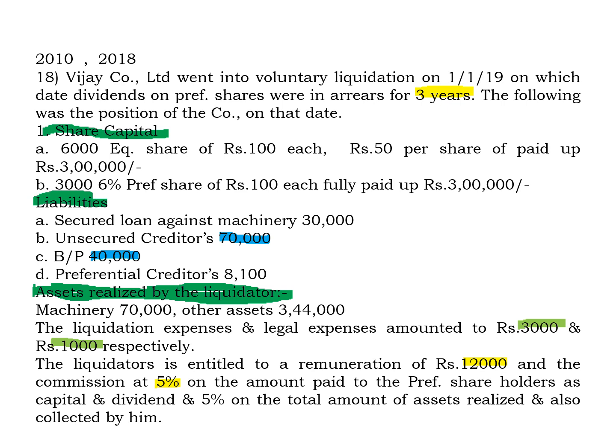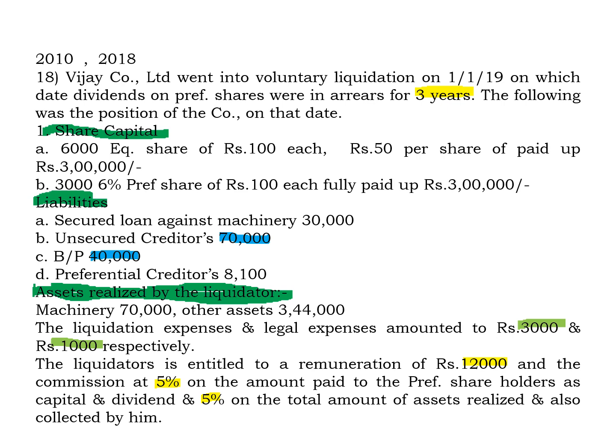So the second part of remuneration of the liquidator is 5% on the amount paid to preference shareholders. What amount do you pay to preference shareholders? You pay 3 lakh capital and you pay 54,000 as dividend. So on 3 lakh 54,000 you need to calculate 5%. And 5% on the amount of assets realized.